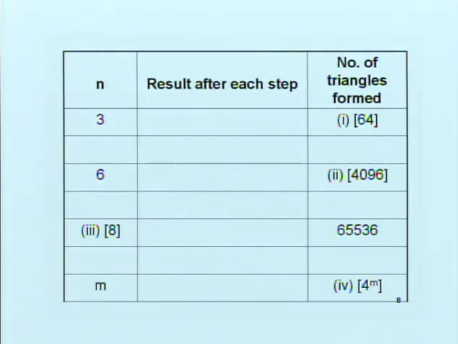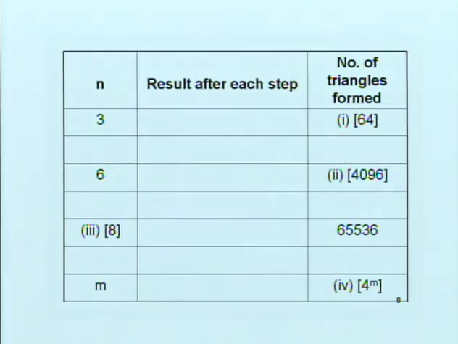When n is equal to m, what is the formula for finding the number of triangles? It is 4 to the mth power, that is the index being m for the number 4.